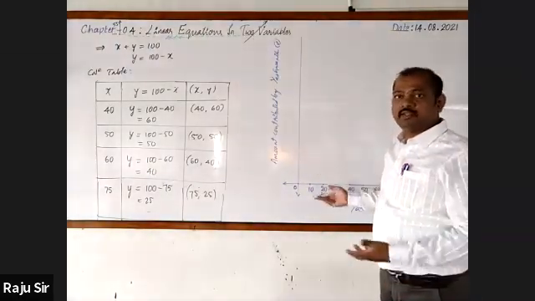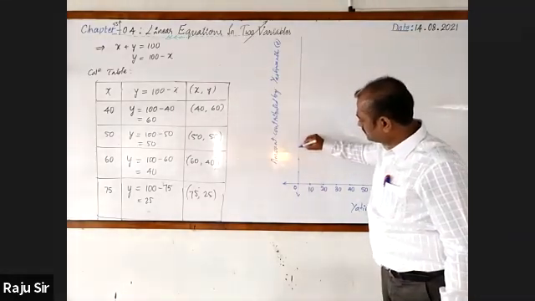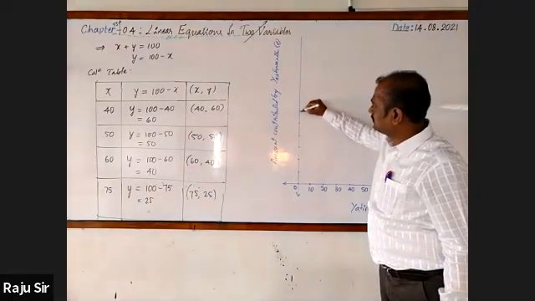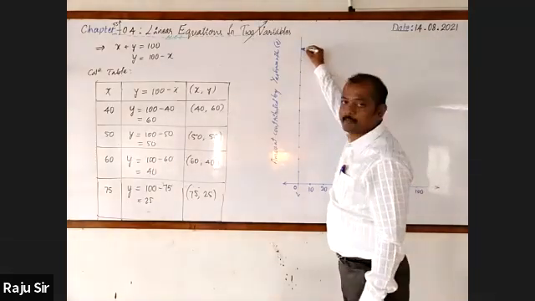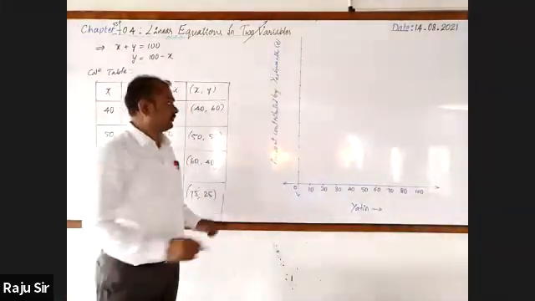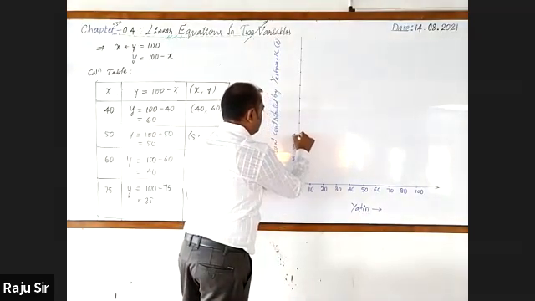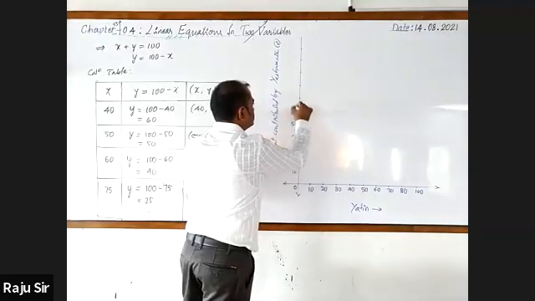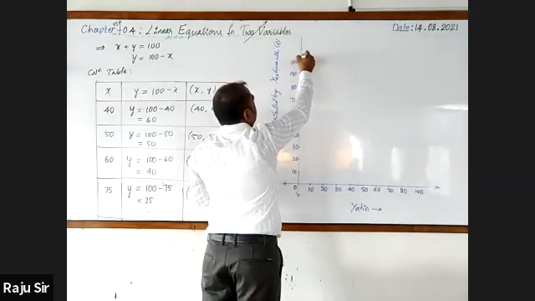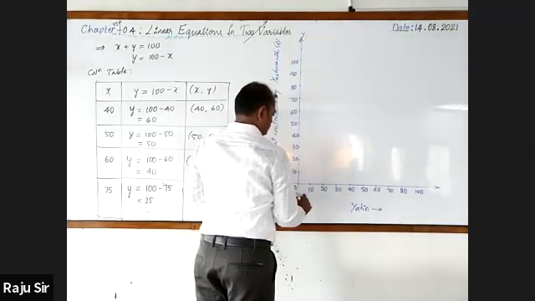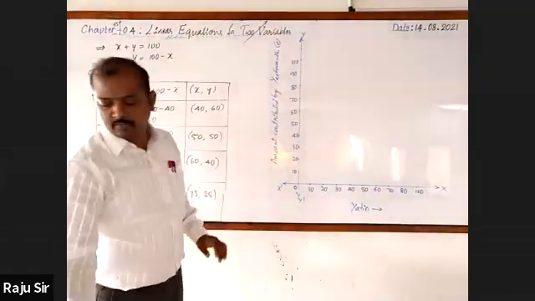Same, 1 centimeter is 10 rupees. It's 10, 20, 30, 40, 50, 60, 70, 80, 90, 100.